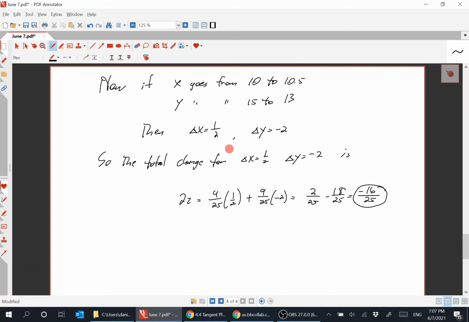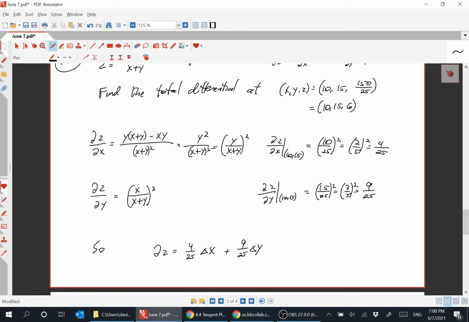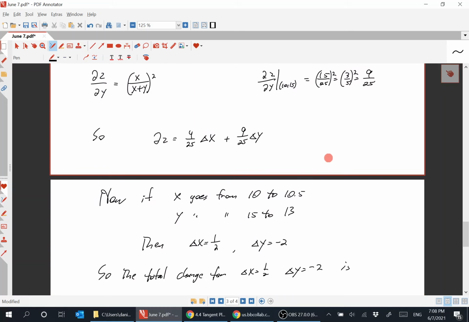All right, this represents the approximate change in z. So it's the change in z along the tangent plane. So the change in z along the tangent plane takes z from, what was it? It was 6.